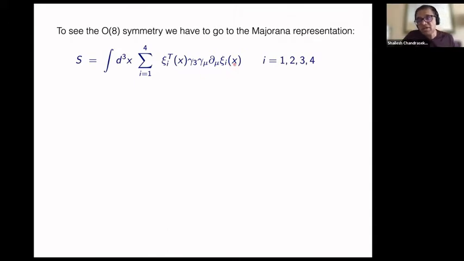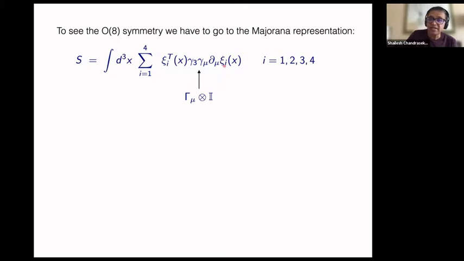Just write psi and psi bar as real and imaginary Grassmann fields, and then look at the properties of these gammas, and you'll see that there is a nice representation in which gamma mu becomes some kind of 2x2 Dirac matrices times a unity.